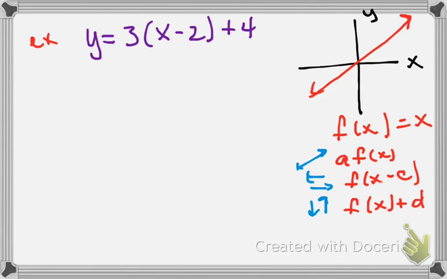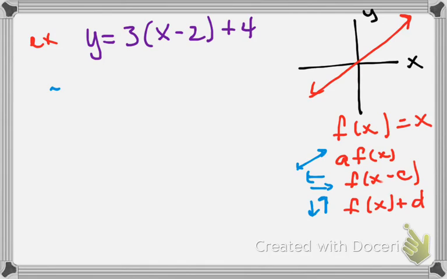All right, so here we go. I want a list of everything that happens. So let's look at the 3. It's outside the parentheses, so it's greater than 1, so it's more steep. So we know the graph is more steep, and it's going to be going up a little higher.